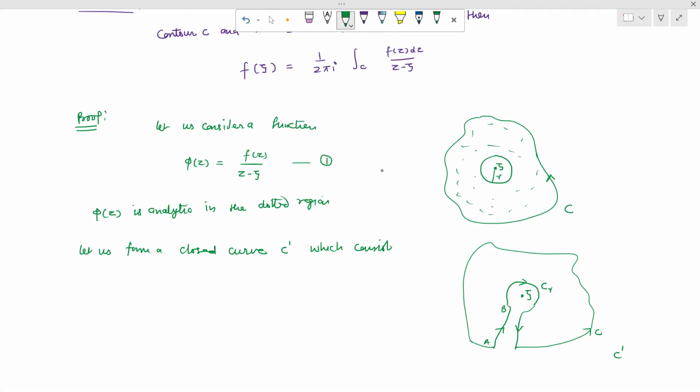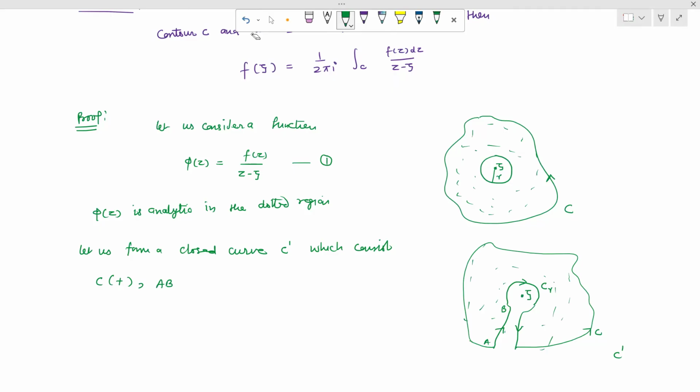So we can take the curve C dash, which consists of C plus positive region, जो डायरेक्शन है एंटी क्लॉकवाइज। Now direction of AB.